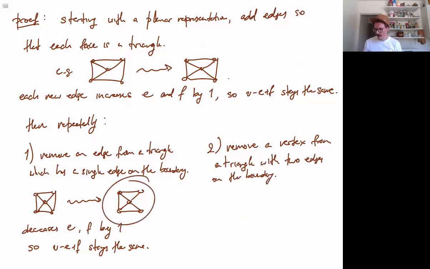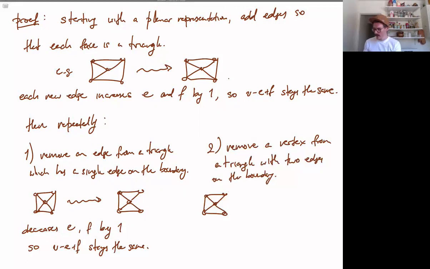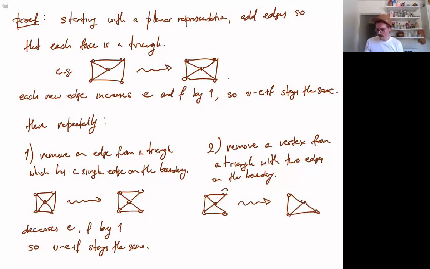So in this example, this triangle on top now has two edges on the boundary. So we can go ahead and delete this hanging vertex to get this graph. So we delete this vertex and the two edges connecting to it.